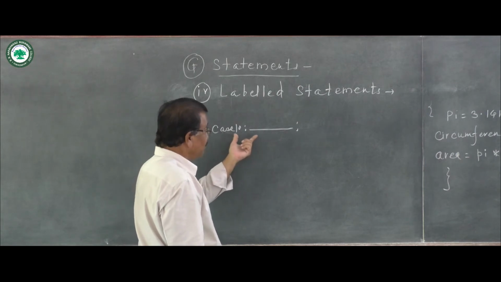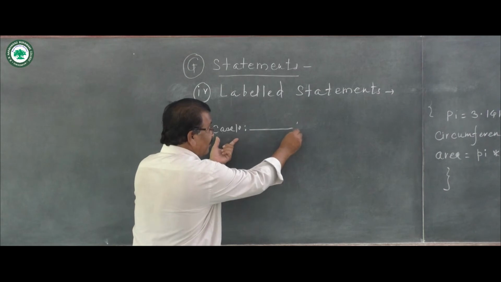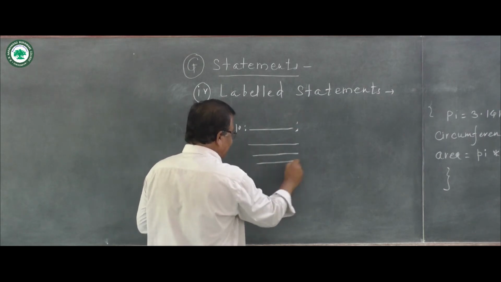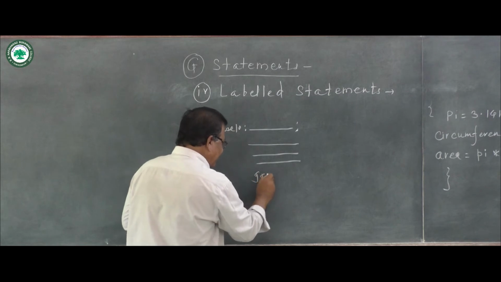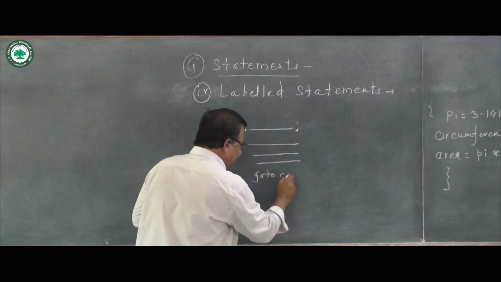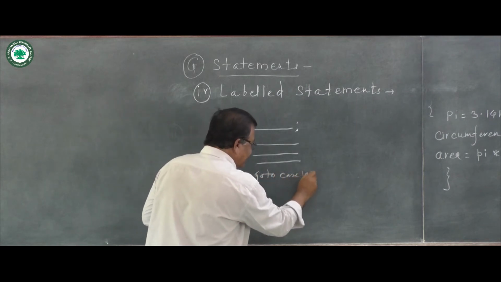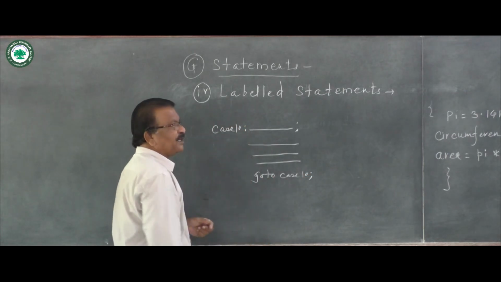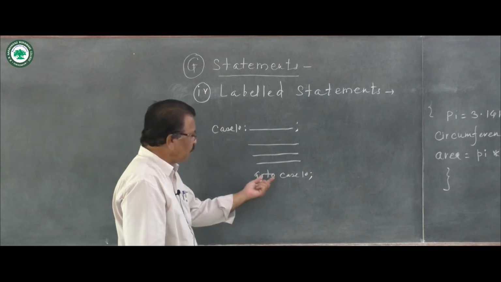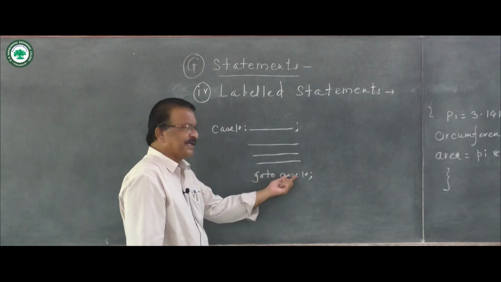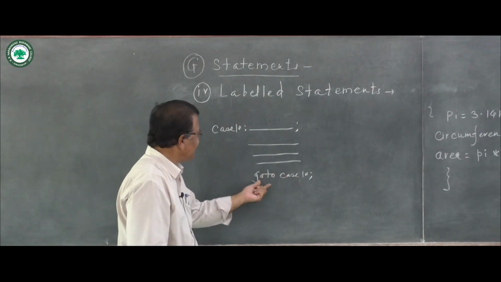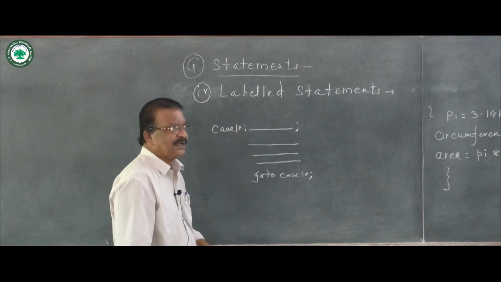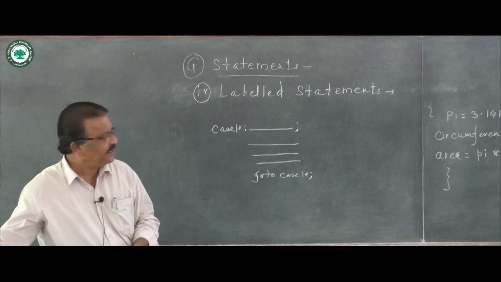The label will not alter the flow of control, but suppose few statements are there, and then I write goto case 10, then control will jump back to this labeled statement. So through other statements such as goto case 10, you can transfer the control back to this labeled statement.